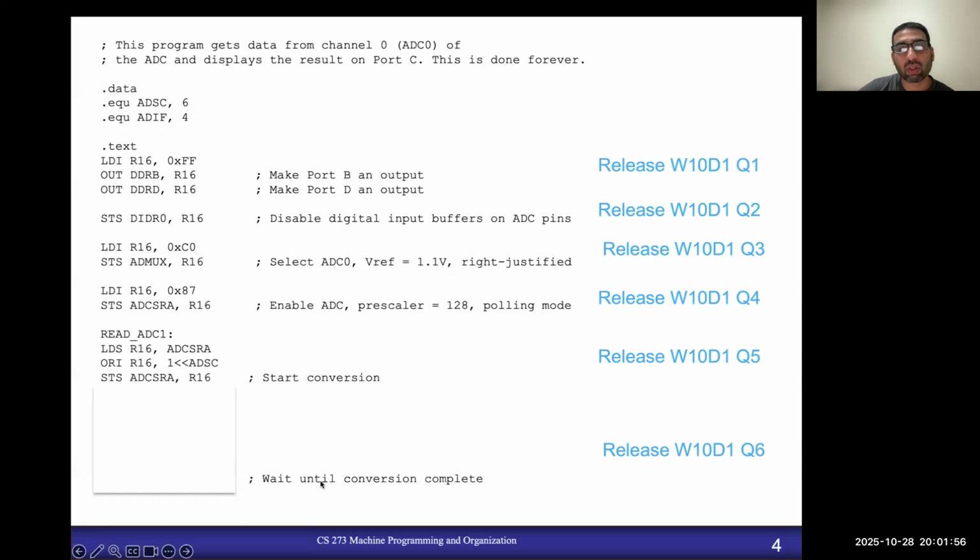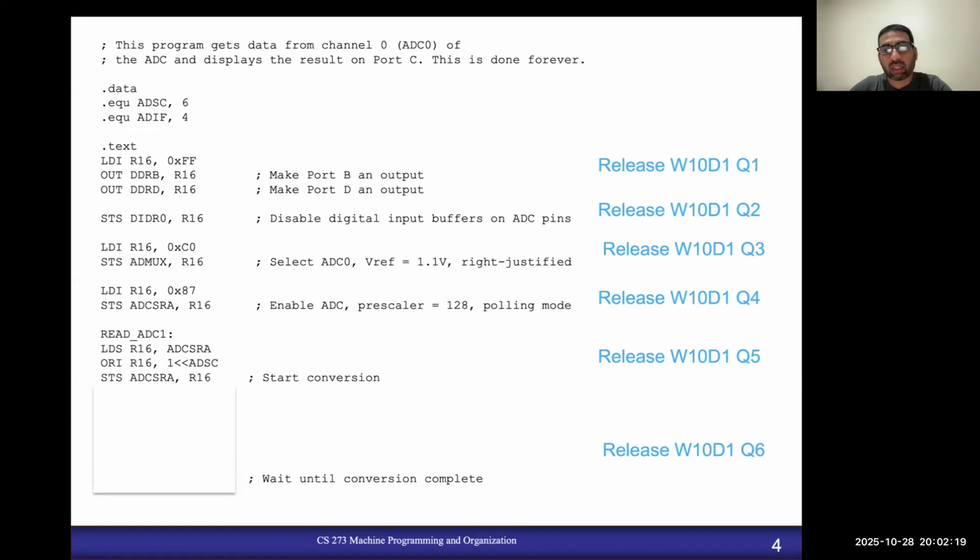So we need to wait until the conversion is complete, which means we continuously monitor the ADIF flag in the ADCSRA register. If it is not one, we keep checking it, and if it is one, we proceed with the remaining of our program. We move to the next instruction in our program, right?